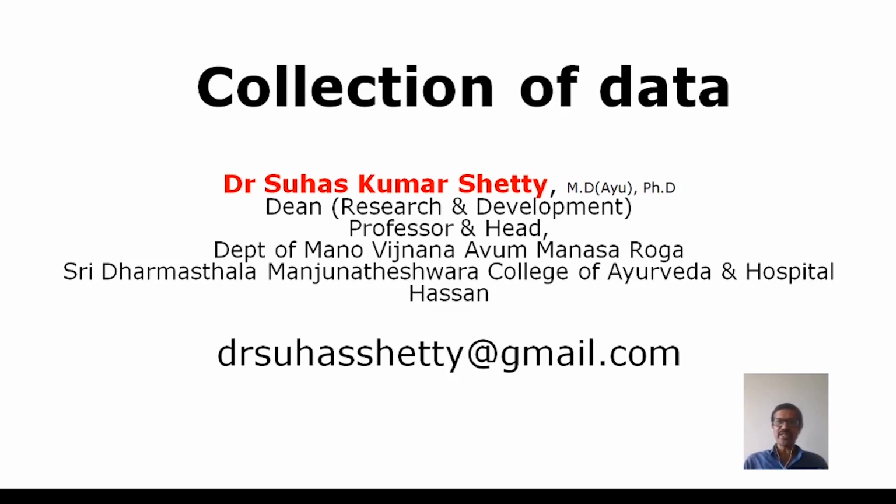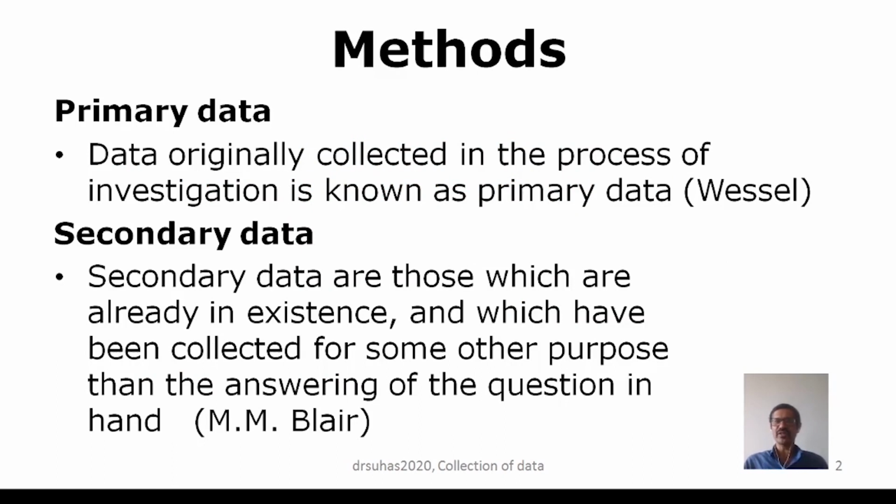So, in today's session, we are going to talk about some of the other common types of primary data collection. As you all know, the primary data is the one which is collected by the investigator for the first time for his own purpose based on the requirement of the studies.